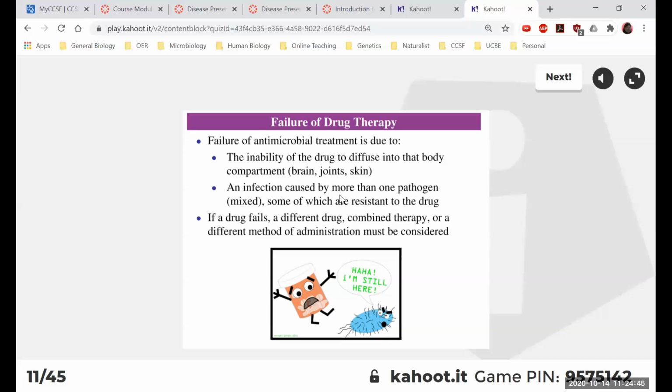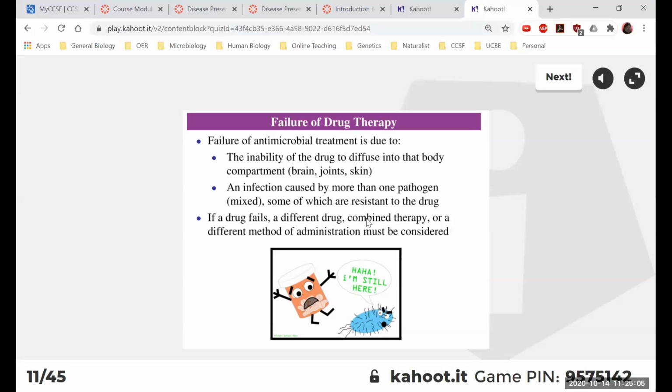And then also a lot of times infection is not caused by one single pathogen. Bacteria form biofilm and you end up having a mixed infection. So some of the bacteria in the biofilm are sensitive to the drug, but other ones are resistant to the drug. So in the end, taking the drug is not going to clear the infection.